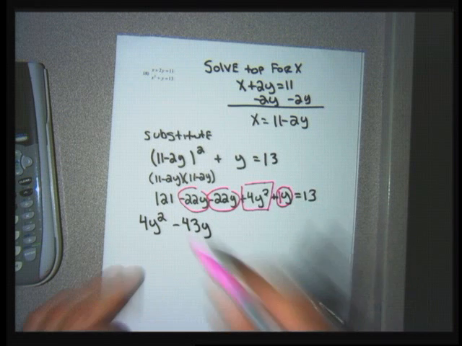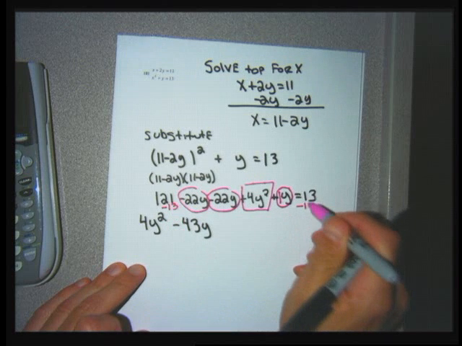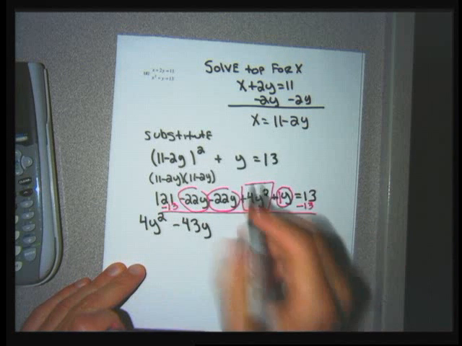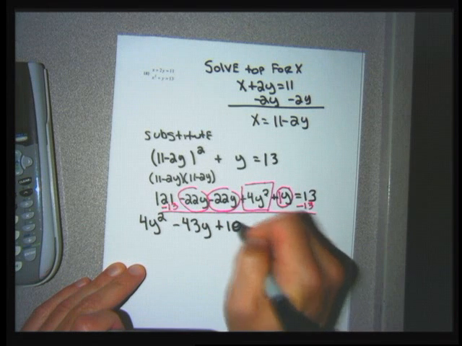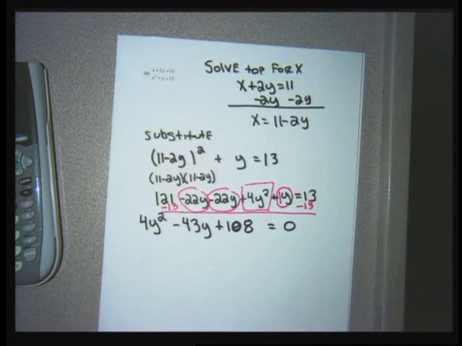And then for the 121, I'm going to minus 13 from both sides. When I minus 13 from 121, I get a positive 108. And on the right side, 13 minus 13 is 0. Oh, I can't factor. I probably could factor that, but I don't care to factor that.